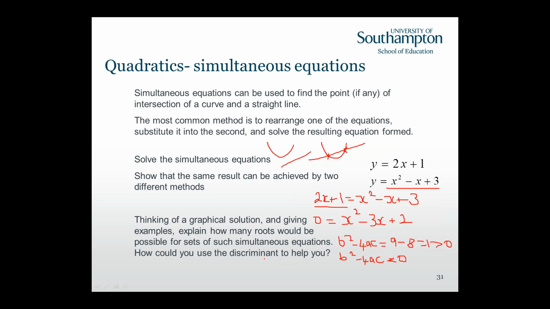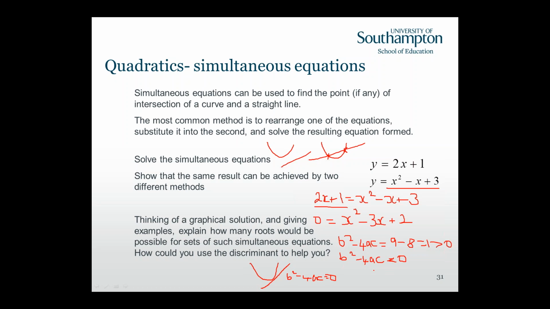Is that when it just touches it again? Yeah, because you've got the root or double root, whatever you call it. What do you call a straight line just touching a curve? Tangent, isn't it? Exactly. Good. So if b squared minus 4ac equals 0, it is a tangent to the curve.